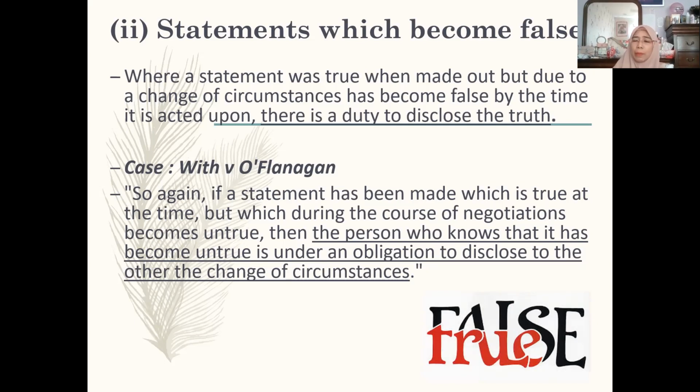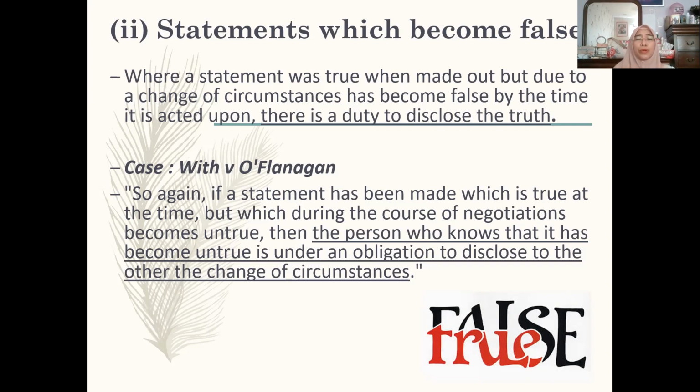But later when they sign the contract, the situation has changed, and actually if the matter is disclosed to the other party, it will affect the decision to sign the contract. So in that particular situation, the circumstances have changed, the statement has become false by the time it was acted upon, then there is a legal duty on the part of the party who knows about it to disclose the truth.